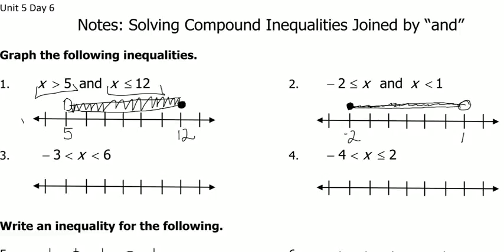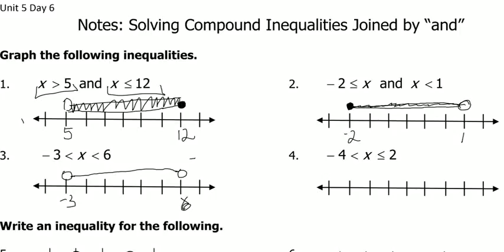Down here for number 3, we got -3 and 6. That's an open dot and an open dot, and we know that we're going to connect those. Okay? Everything that says and is going to go towards each other. Okay? Now, some of y'all are like, but that doesn't say and.